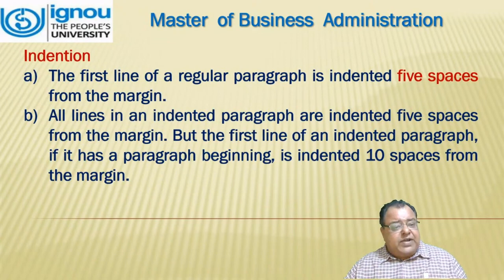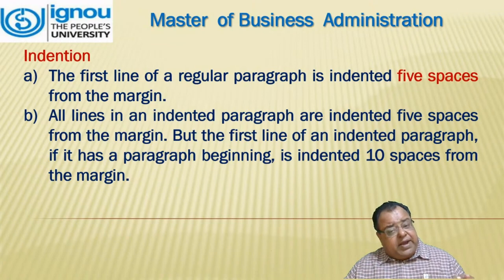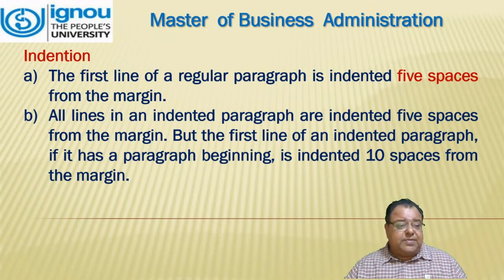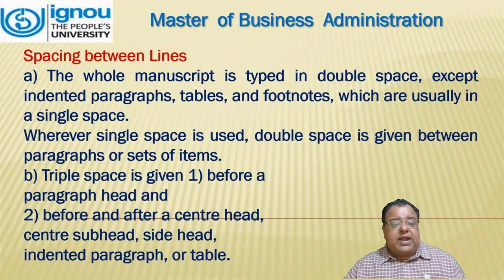Indentation. The first line of a regular paragraph is indented 5 spaces from the margin. Lines in an indented paragraph are indented 5 spaces from the margin, but the first line of the indented paragraph, if it is a paragraph beginning, is indented 10 spaces from the margin. Spacing between the lines.